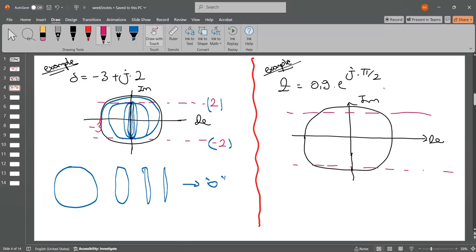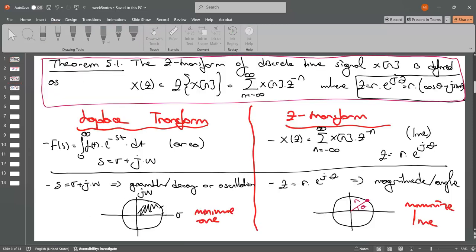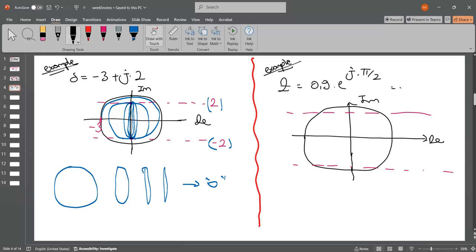In this case, the e^{jθ} part is given here. Just remember this formula: cos θ + j sin θ, right? And so cos θ, and then this one is 1, right?